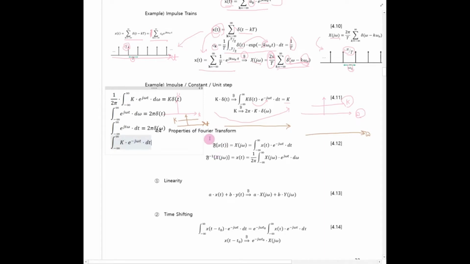But at this moment, since k is a real number, taking the conjugate doesn't change it, so it's the same thing. So by use of this we can prove that it gives 2 pi times k times delta of omega. So if the time domain is a constant, then in the frequency domain it's an impulse with magnitude 2 pi k.